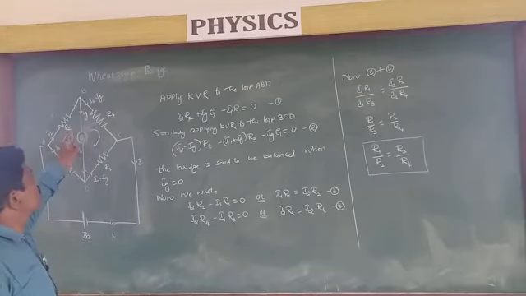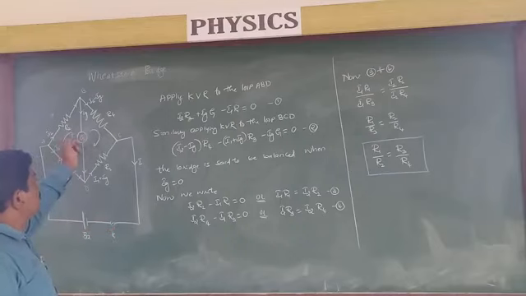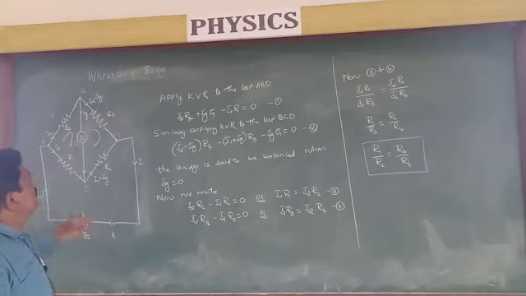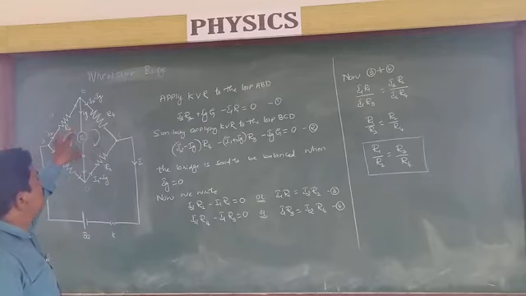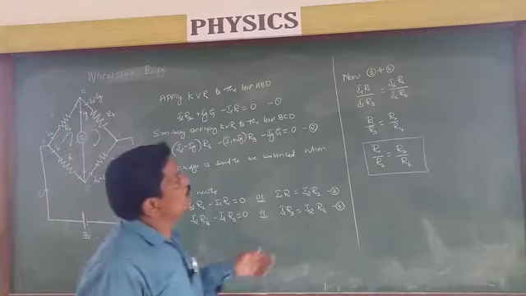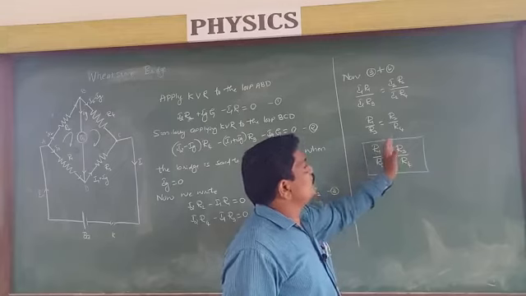Galvanometer is the device which is used to detect the current. If the galvanometer is showing 0, we can say, when the plug K is closed, that by adjusting R2, R3 and R4 the network becomes balanced. And if the network becomes balanced, then easily we can write R1 equal to R3 by R4 into R2.